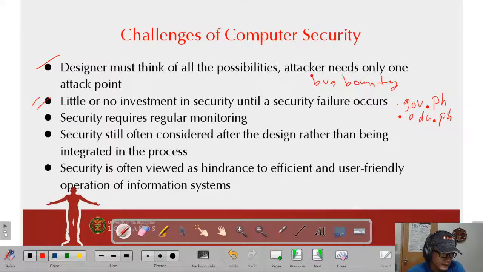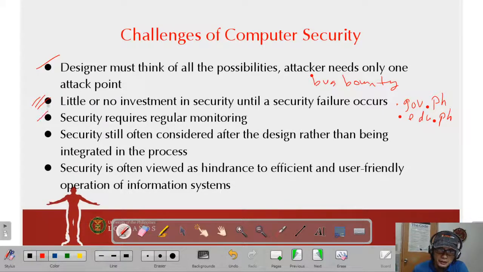Or a student was hired by a unit to develop a website, and then that website is deployed immediately without testing. Eventually that site will be hacked or defaced. That is only the time that the organization will consider security, only after a failure occurs.